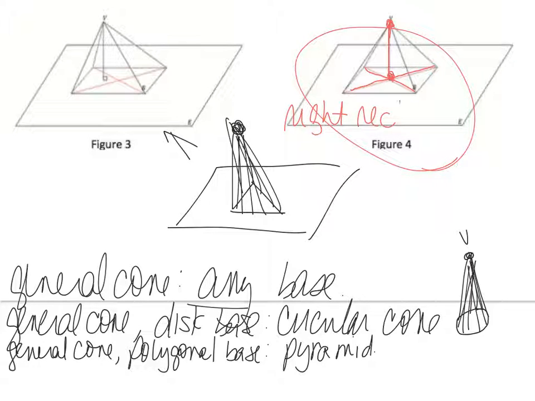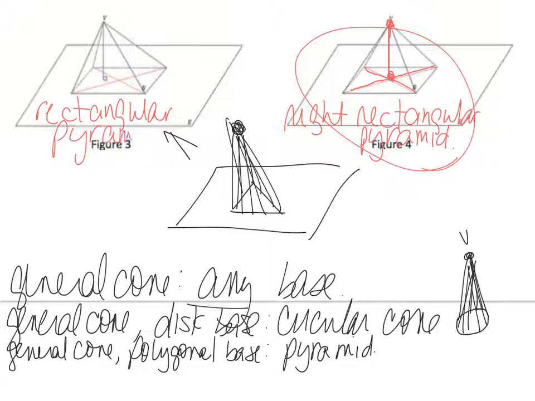I have a right rectangular pyramid. Here I just have a rectangular pyramid. And here I have a triangular pyramid. Pretty cool. Let's see, what else do I need to tell you?